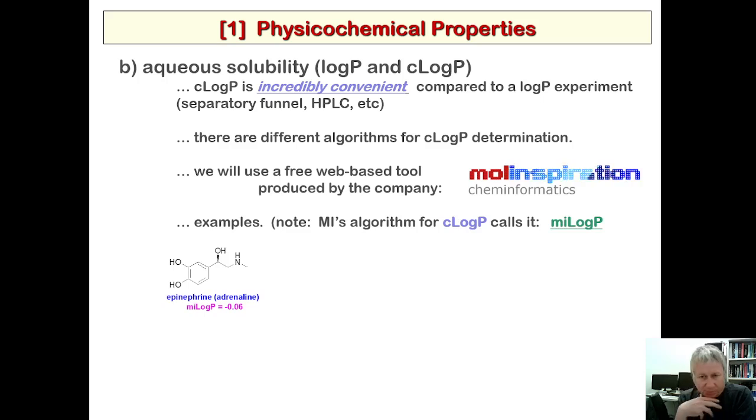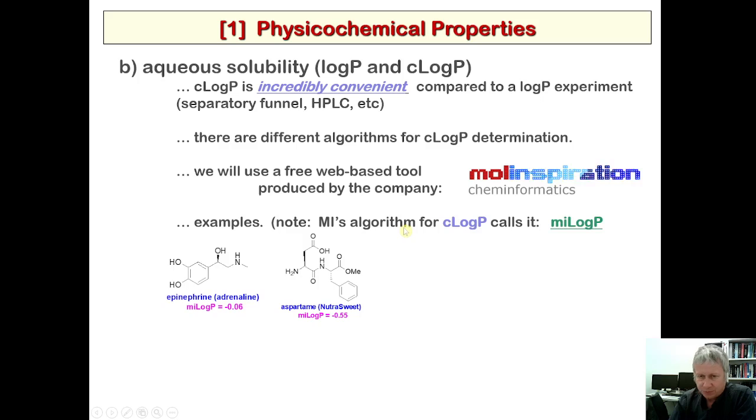Is that polar or nonpolar? On this scale, 0-ish is very polar, and it makes sense. You have all these hydrogen bond donating groups, the alcohol, the amine is likely protonated. So a lot of polar functional groups. So this is a very polar drug, and it's also a neurotransmitter that your body uses naturally.